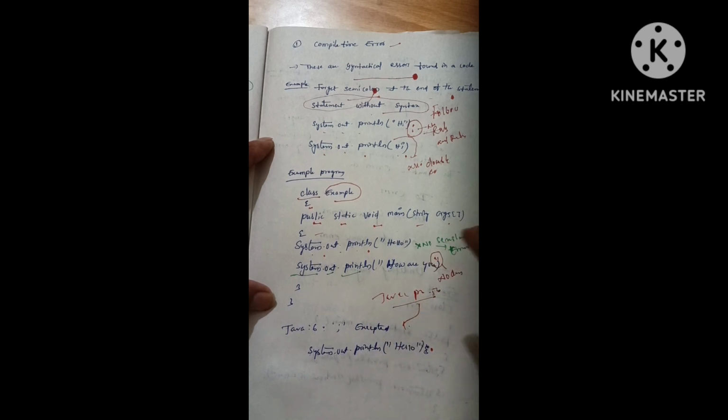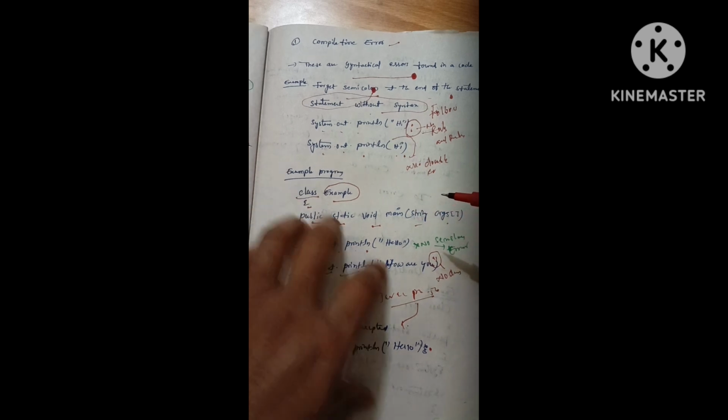Compile time errors check whether the language's rules and regulations are followed. Rules mean things like ending with semicolons, double quotes, and small and capital letters. These all belong to the language rules. If we do not follow them, the Java compiler raises errors. This type of error is known as a compile time error.